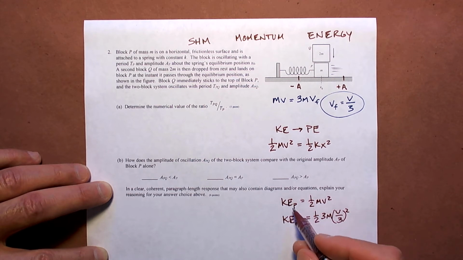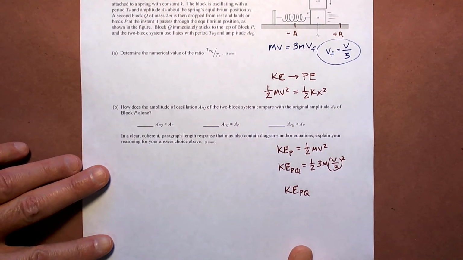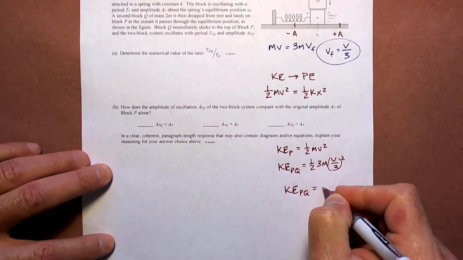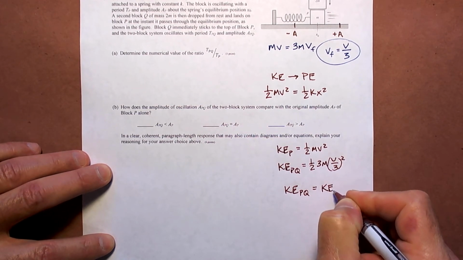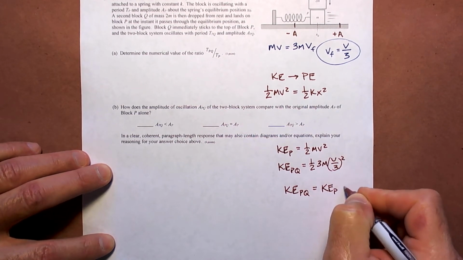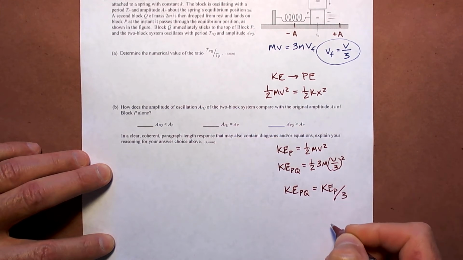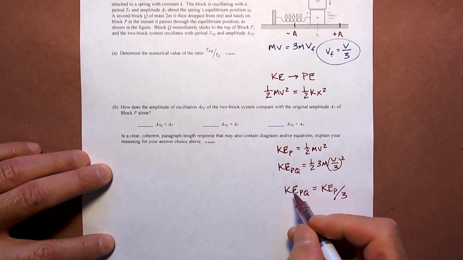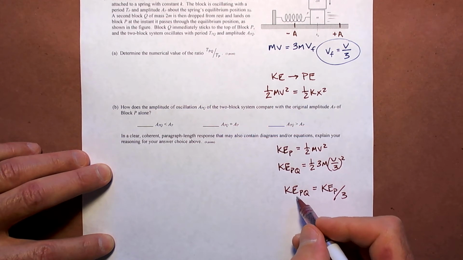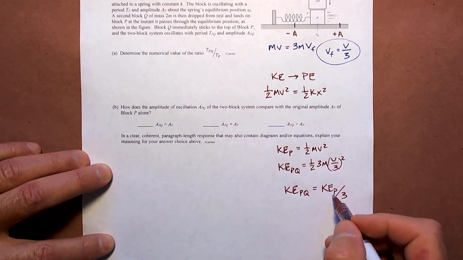So that means that the kinetic energy of P is going to be exactly 3 times the kinetic energy of PQ. Or another way of putting it, the kinetic energy of PQ, the new energy of the combined block system, is going to equal the KE of the original system divided by 3. So in other words, the new energy is going to be 1/3 of the original energy.